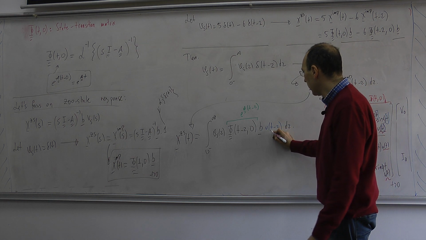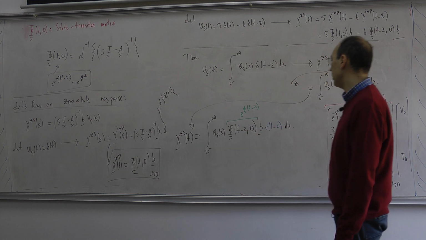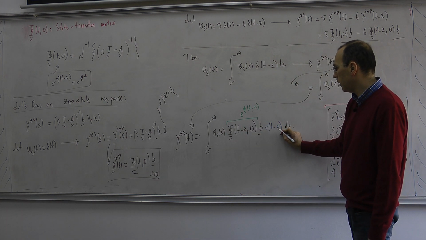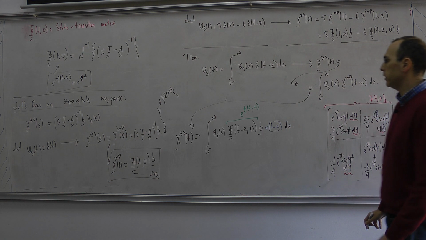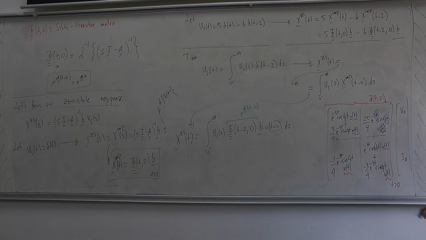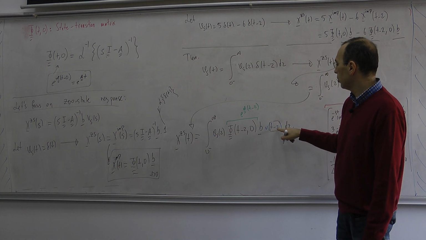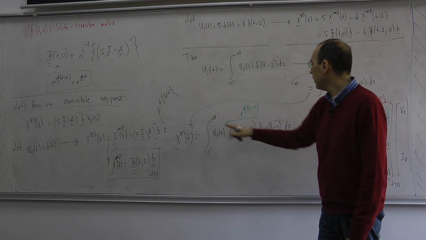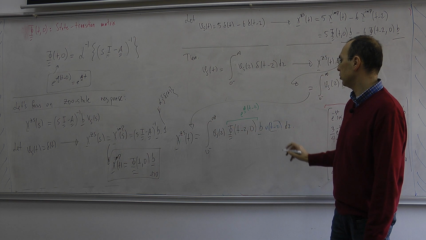So one last thing. As tau ranges from 0 minus to infinity, this u of t gives 1, provided that this argument is positive valued. So t is just fixed time, let's say. So if tau is in between 0 and t, this is 1. But if tau is greater than t, this becomes negative, as you see.